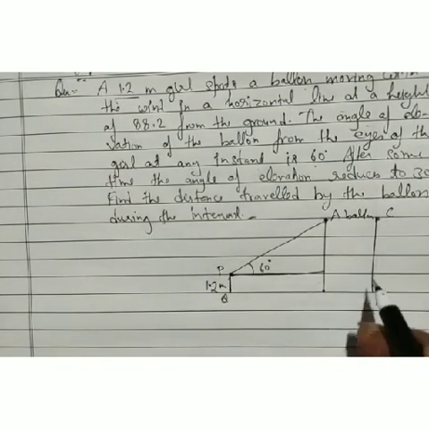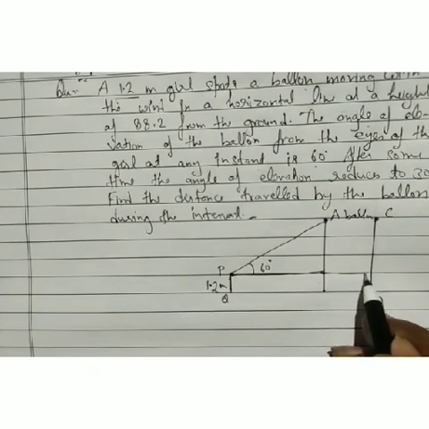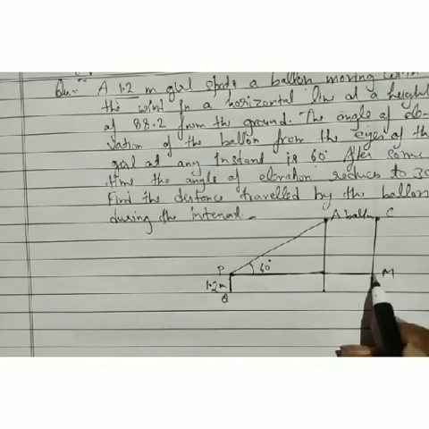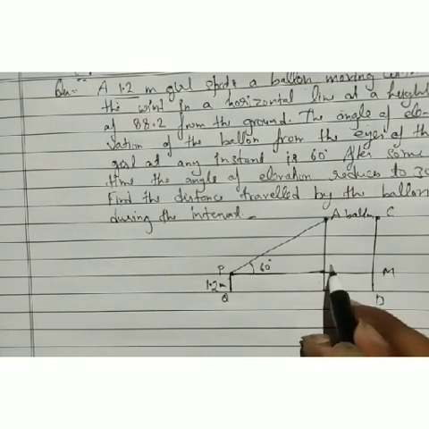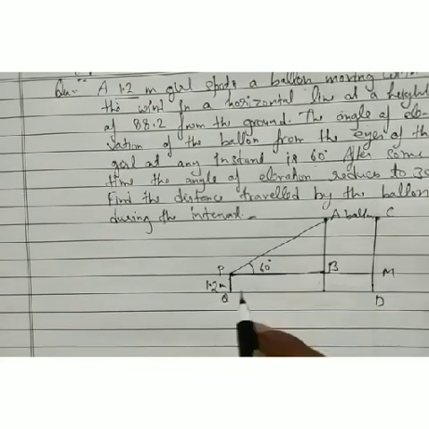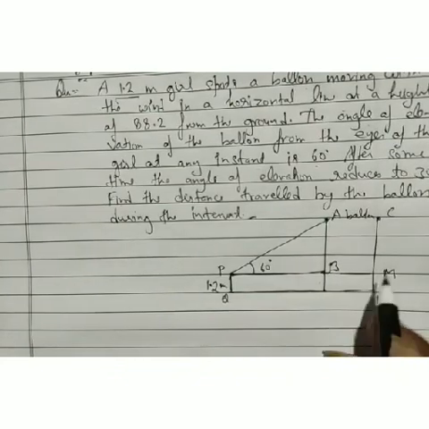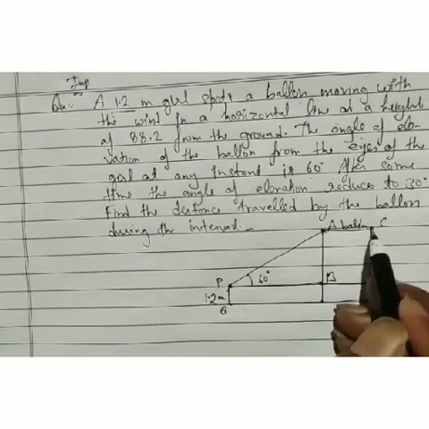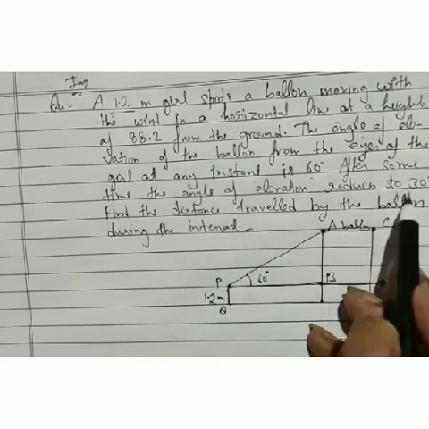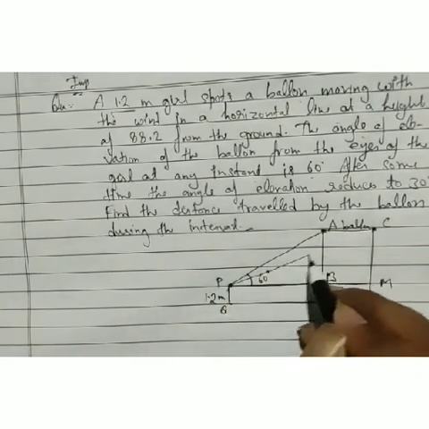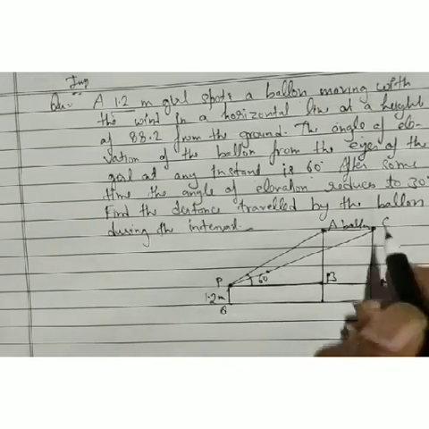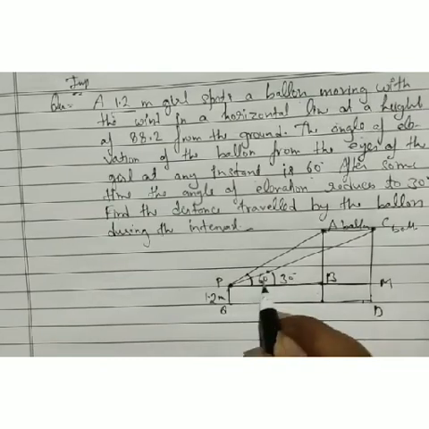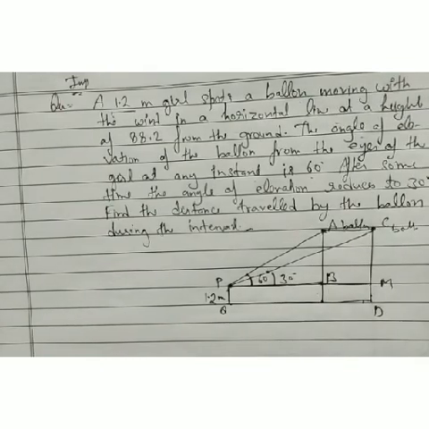Then we produce this side, and suppose this point is M. It's not necessary to join the rest. Now look, it's our QD. Our figure is there. After some time, the angle of elevation reduced to 30 degree. This is our point C, where our balloon is after some time. Now this angle is 30 degree. The complete angle is 60 degree, and this is 30 degree. Now this is our figure.